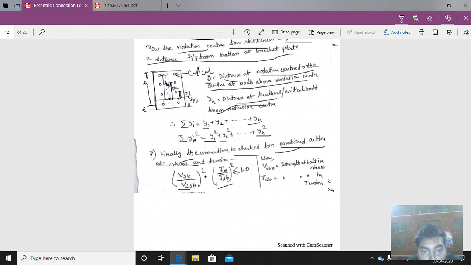That ratio should always be less than 1. If that condition is satisfied, then the connection is okay.